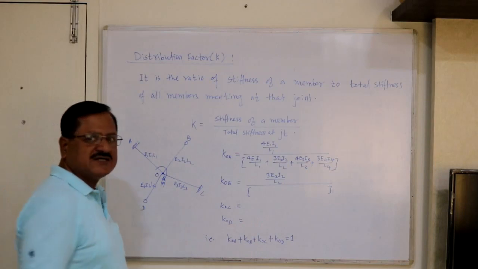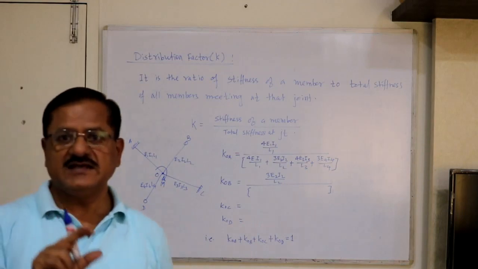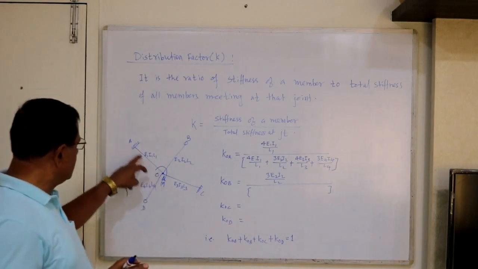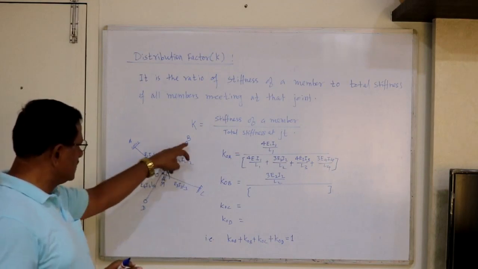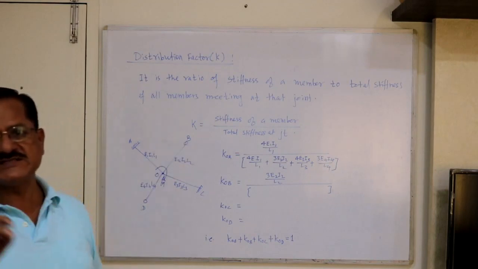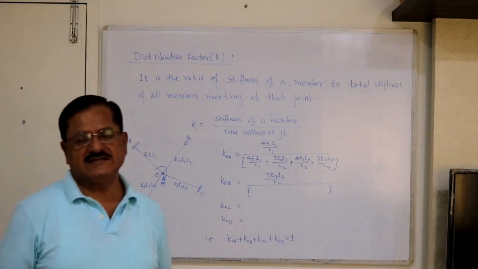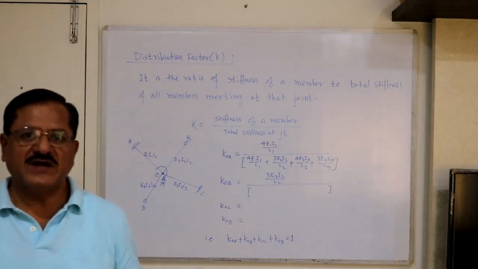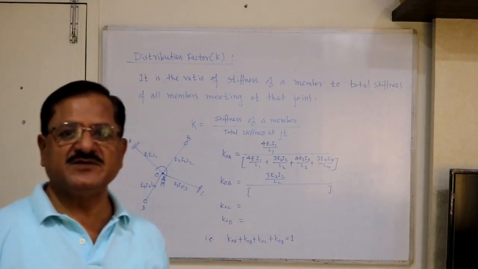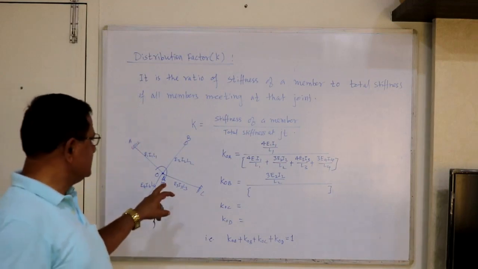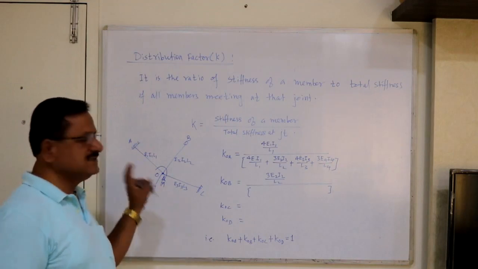If there are only two members, say KOA and KOB, then KOA plus KOB is equal to 1. That is, if we calculate the distribution factor for one member, for the second member it is directly 1 minus the calculated distribution factor.